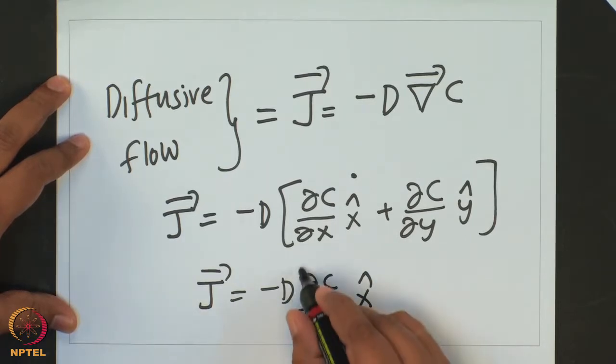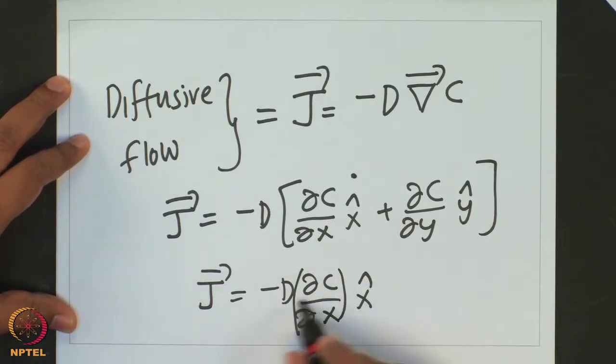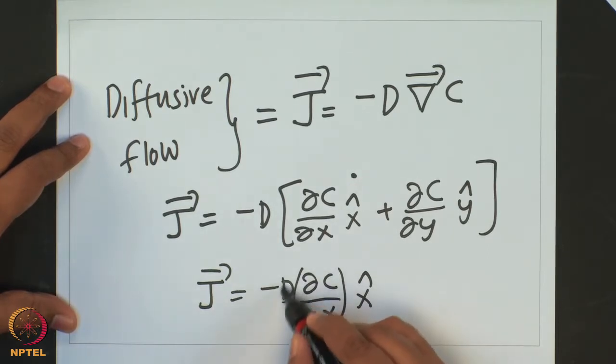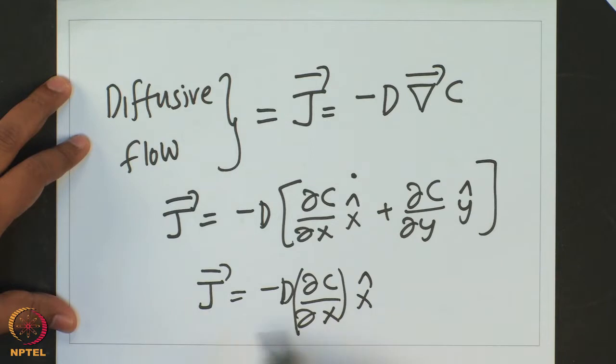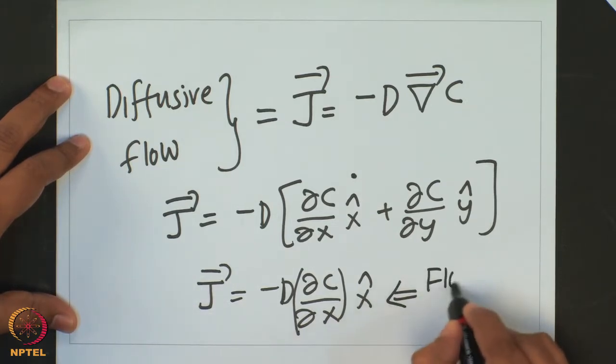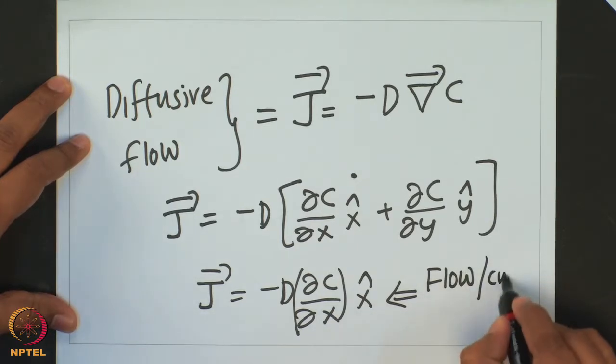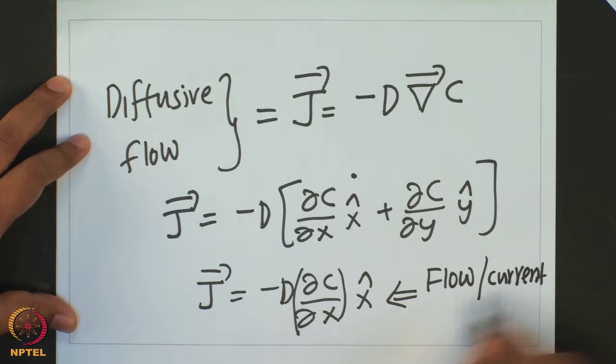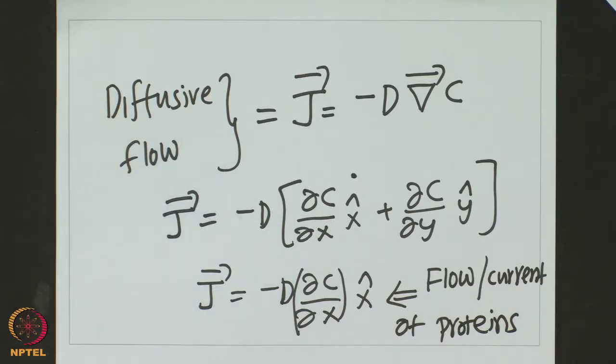So that is the change in concentration along the x axis, minus D times x cap. This is the flow. This will be the exact amount of flow or current of proteins. We will come back and understand this a little bit more in detail soon.